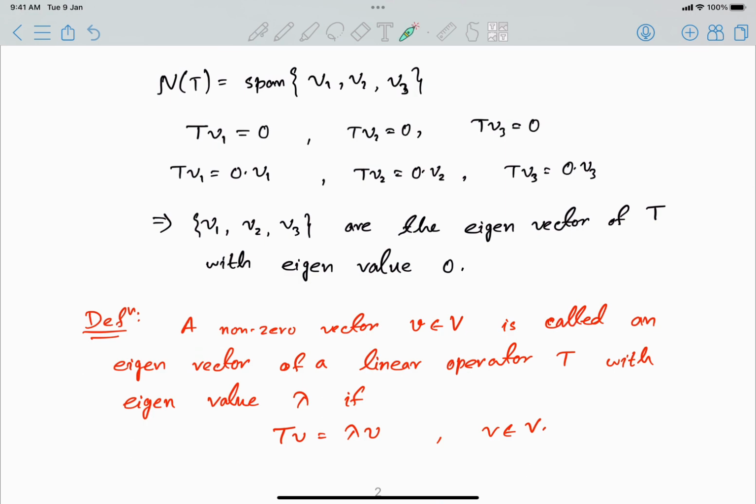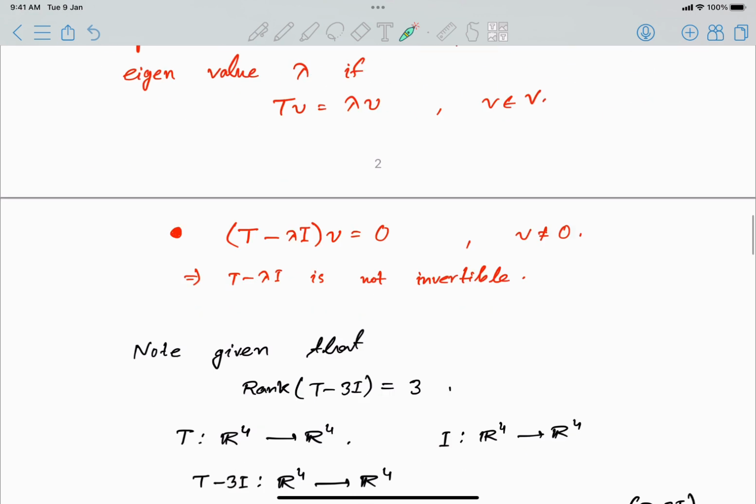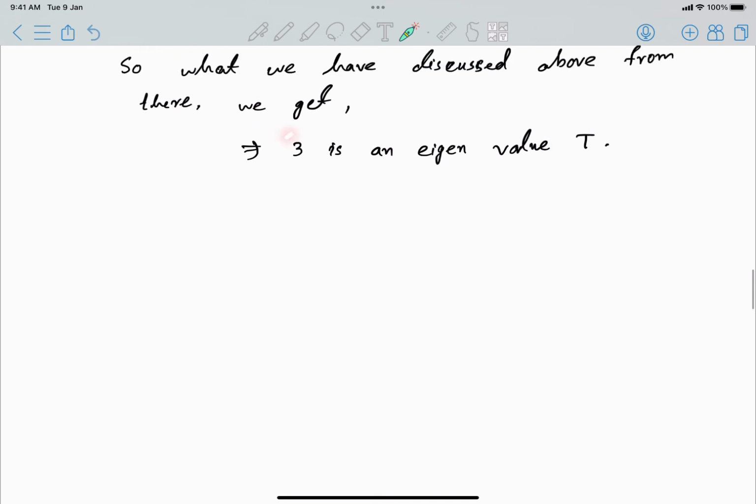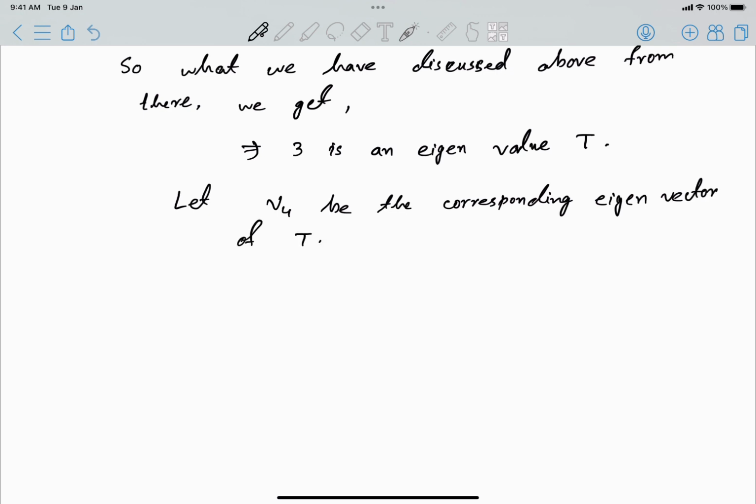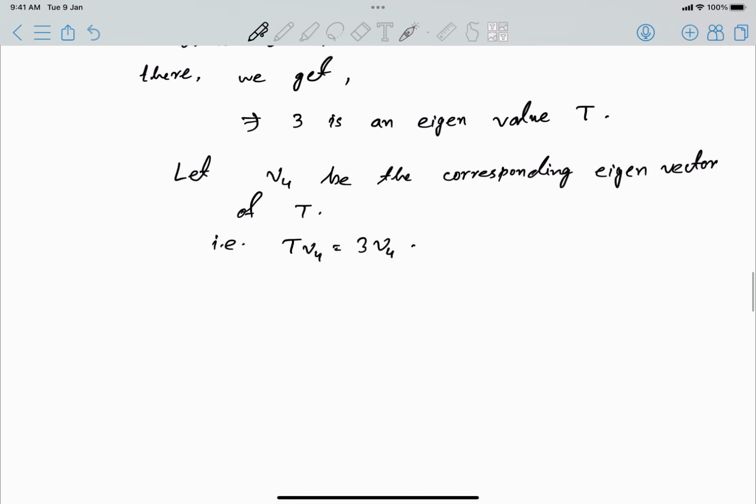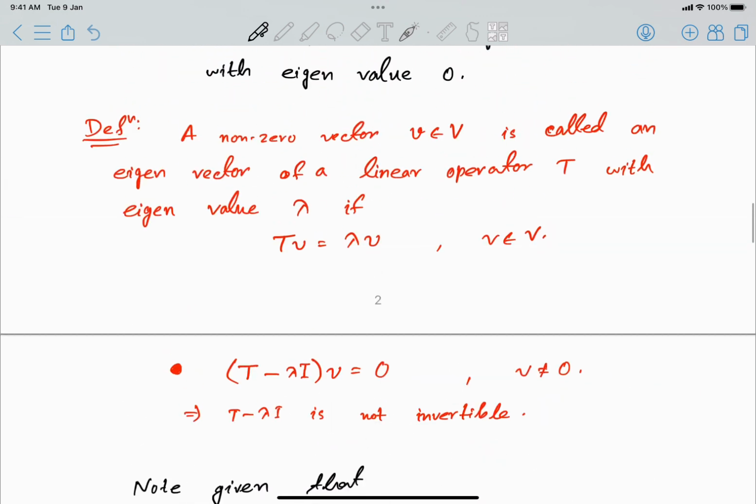So earlier we have got 0 is an eigenvalue of T. Now we have got 3 is also an eigenvalue of T, right? So let V4 be the corresponding eigenvector of T. Eigenvector of T means T V4 equals 3V4, right?